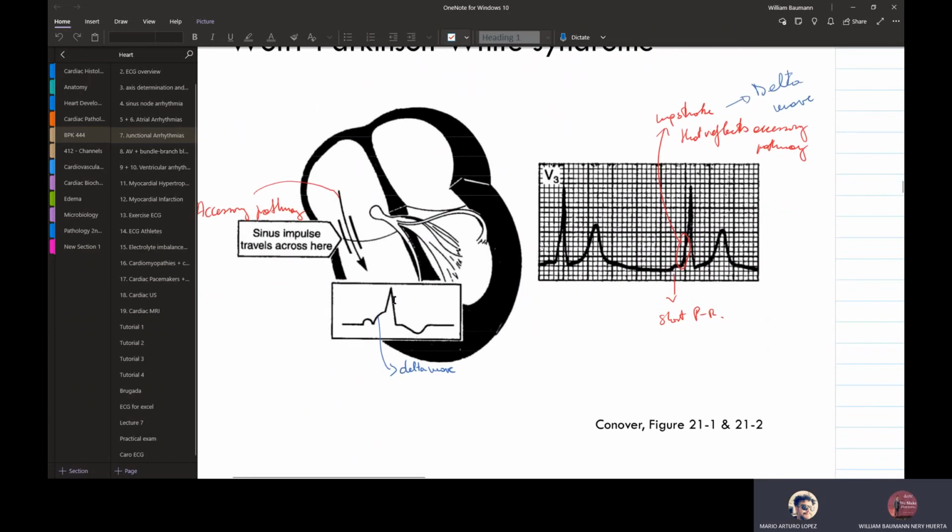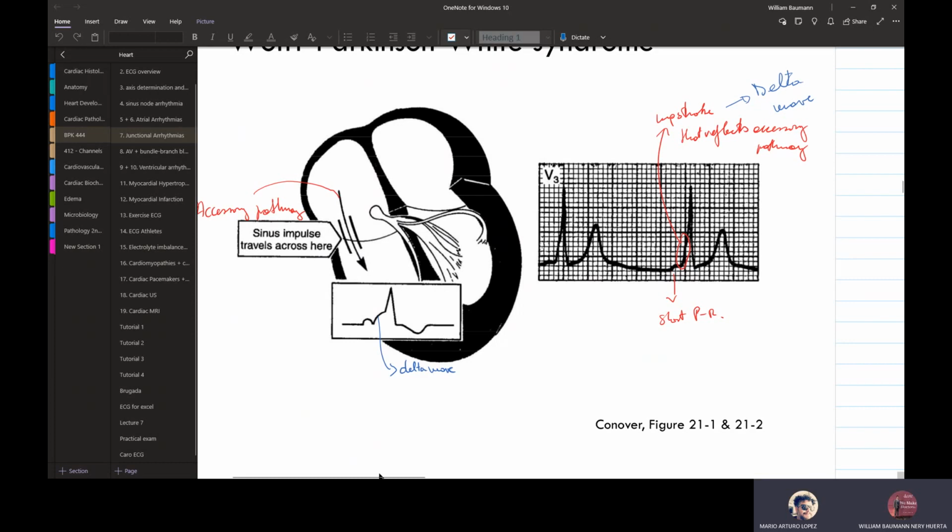So, again, delta wave. Very important. You see the short PR interval due to that delta wave. And look, very easy pathway here. Easy to recognize, right? It has made a parallel pathway allowing the electrical impulse to occur.